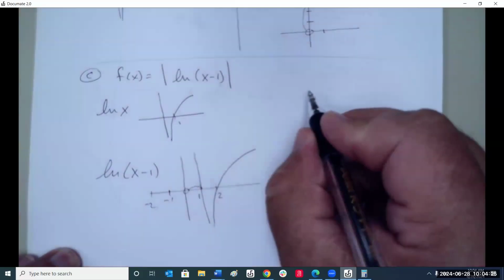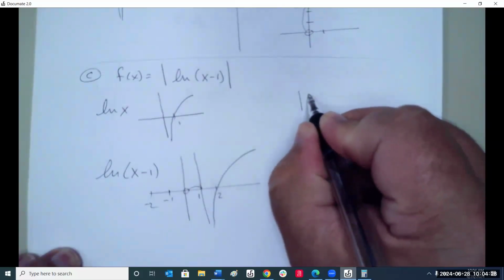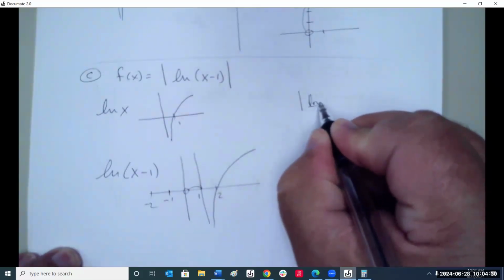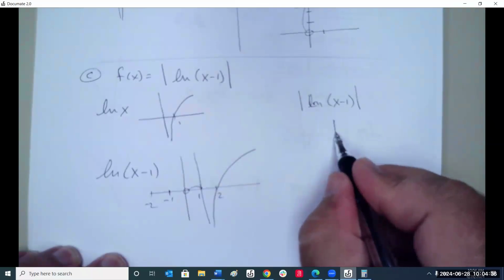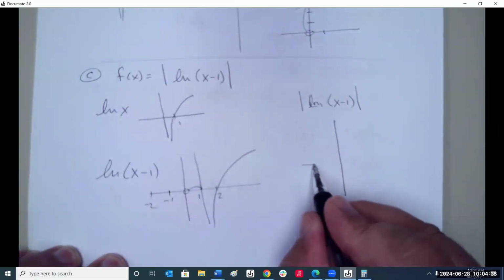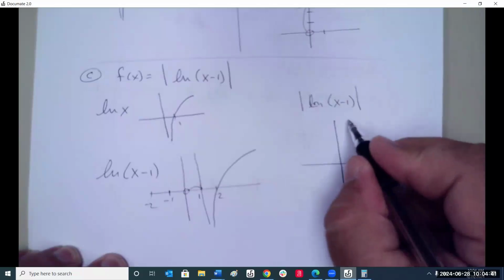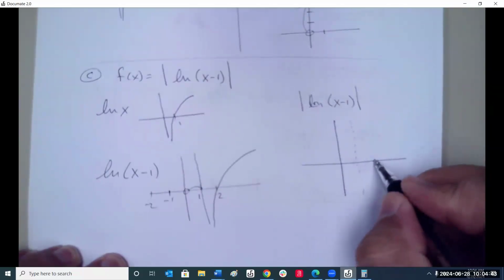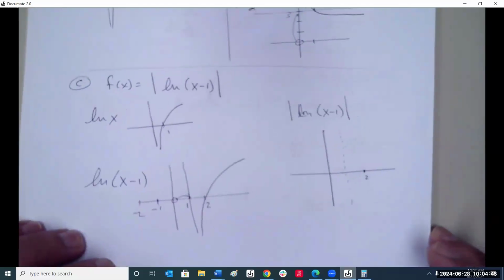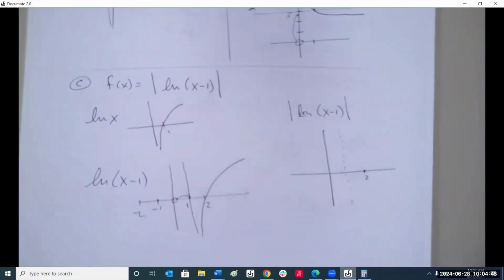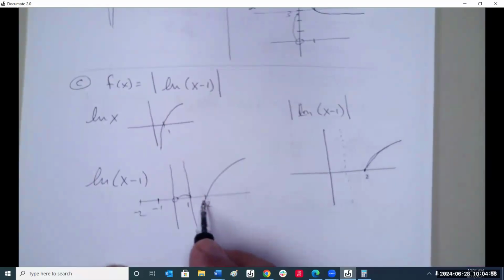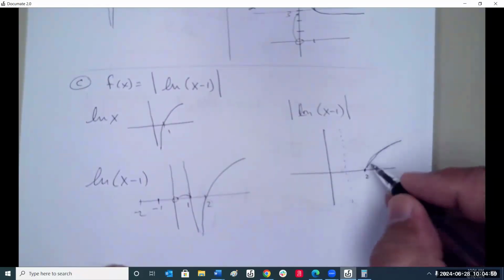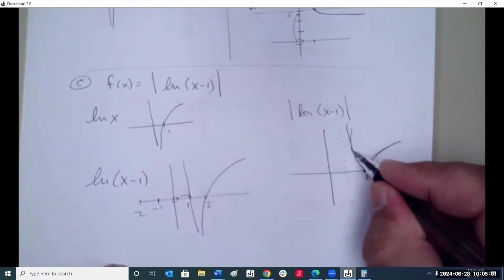So what does the absolute value of this function do? Here's my fake one. Absolute values make all negatives into positives. So all these are positive, so they stay there. These negatives now flip.